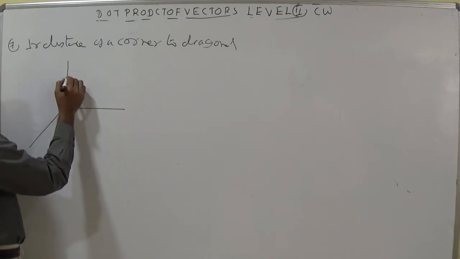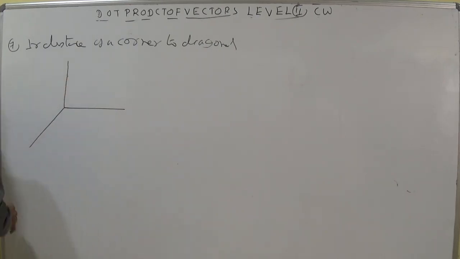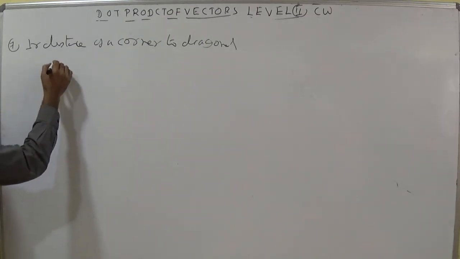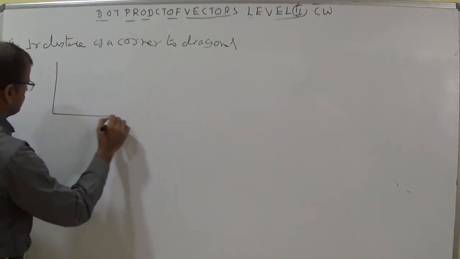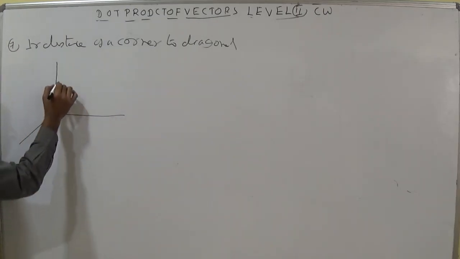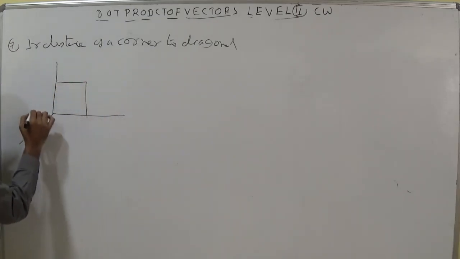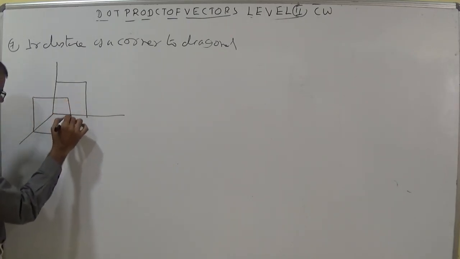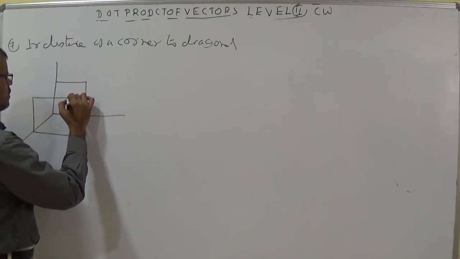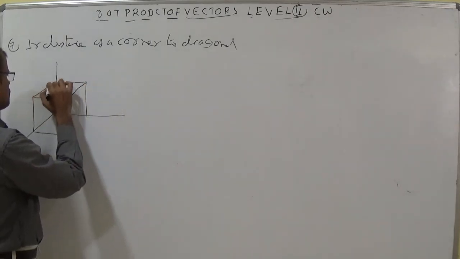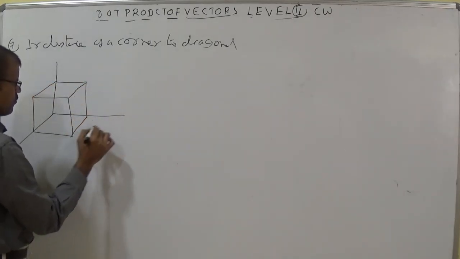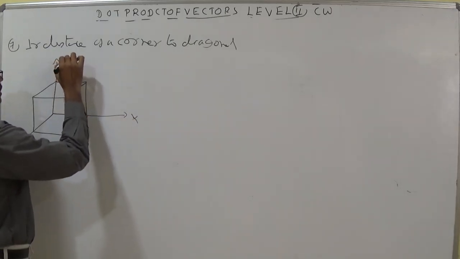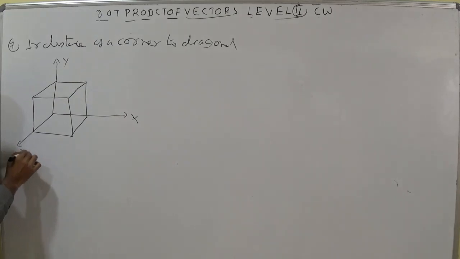Of a cube. Let us draw a cube properly. X-axis, Y-axis, Z-axis, put the names. Consider a unit cube with x-axis, y-axis, z-axis as axes of the cube, where i, j, k are unit vectors along x, y, z-axis respectively.